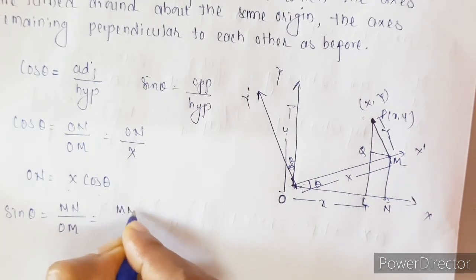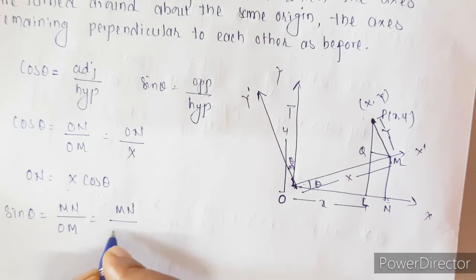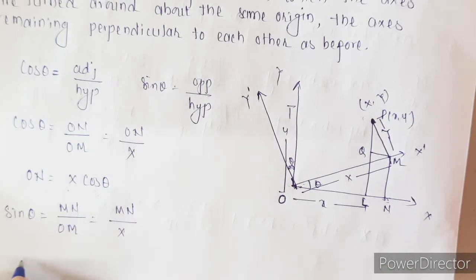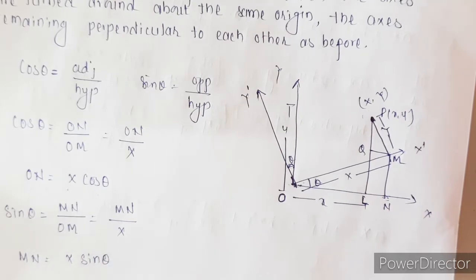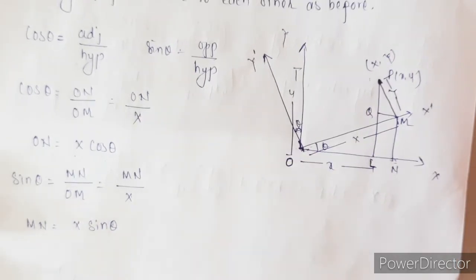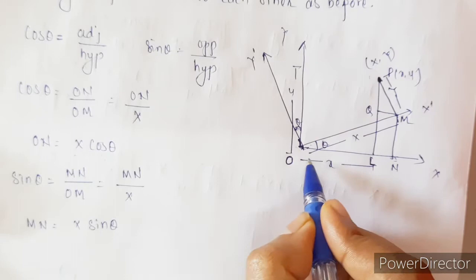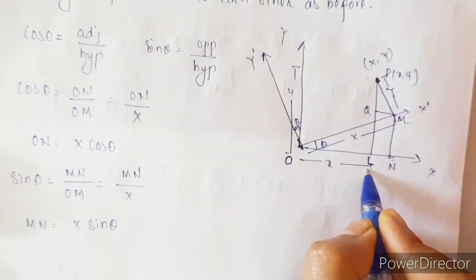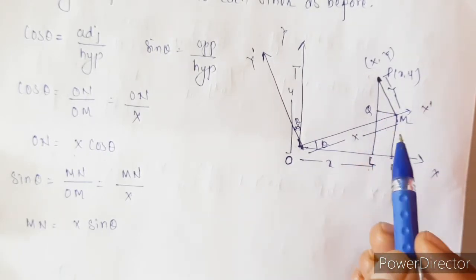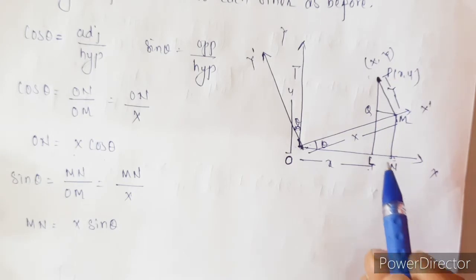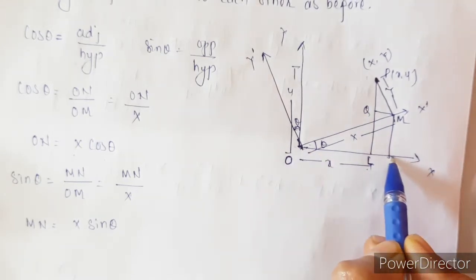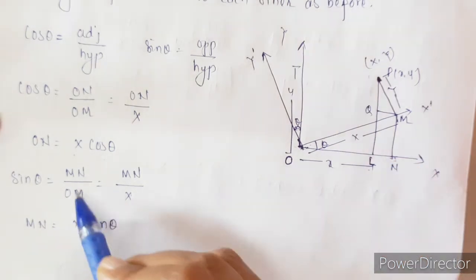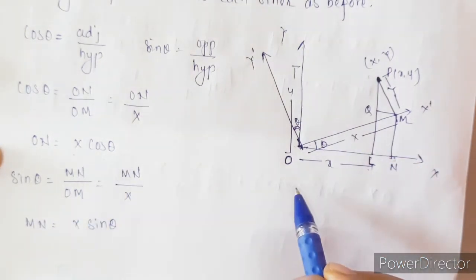So MN by capital X. So MN is nothing but X times sin theta. I want to find this distance small x in terms of the new coordinates, capital X and capital Y. Now I know that this ON is nothing but X times cos theta.